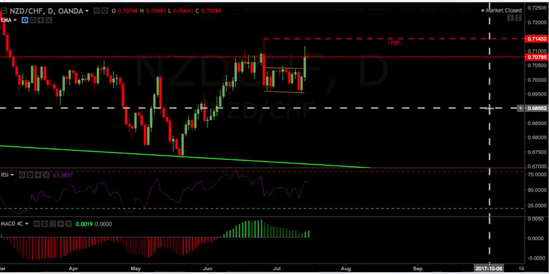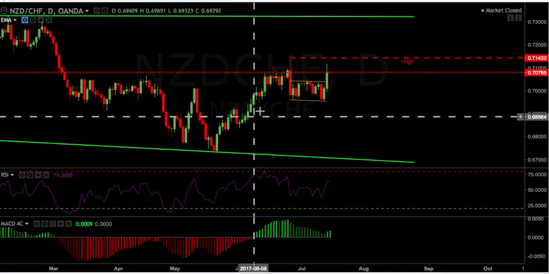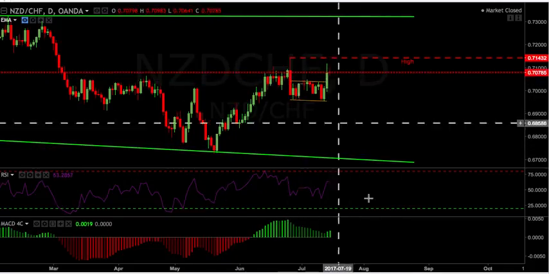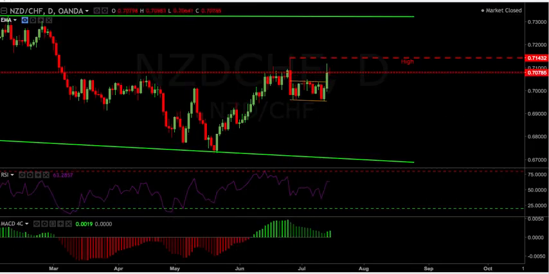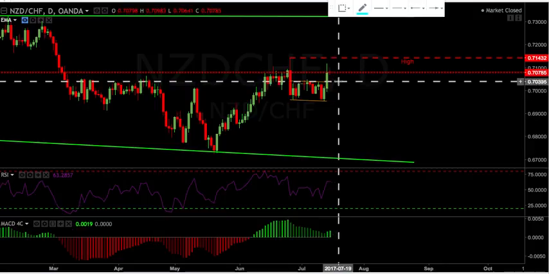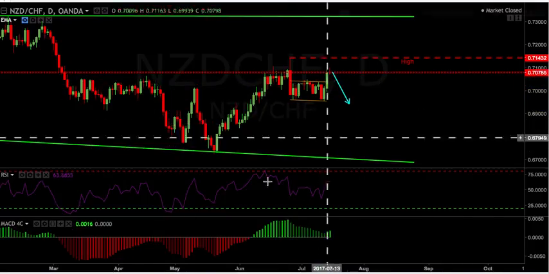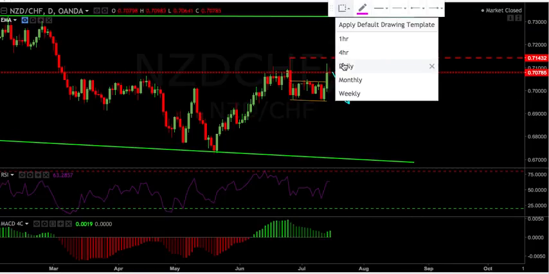And New Zealand Swiss, another squirrely looking pair. We got a nice bullish bounce. Price is in a continuation pattern right now. It is divergent, so I'm looking for a type of pattern that will probably move back down into this area and form something like, let's see if I can draw it for you.